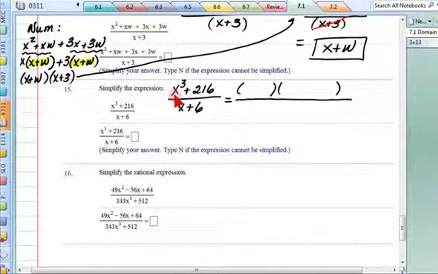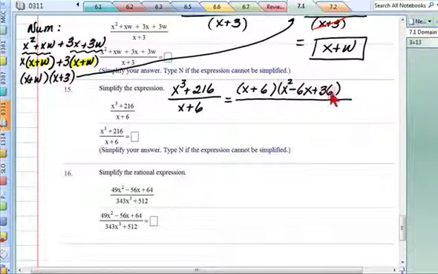What's the cube root of x cubed? X. Keep the sign. What's the cube root of 216? 6. The trinomial is formed by square the first, x squared, change the sign, product, which is 6x, and square of the last, 36.